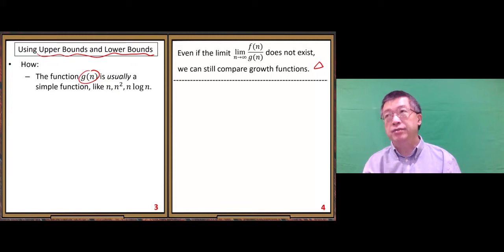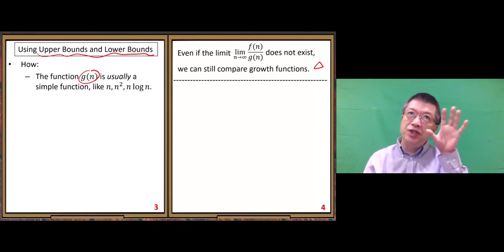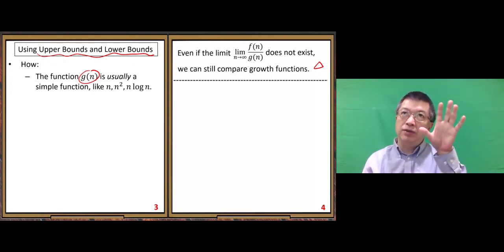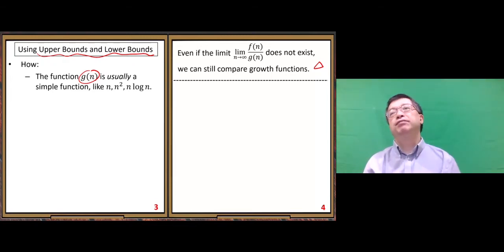Sometimes if you use complex functions, it's okay, but when we use relatively simple functions to do comparisons, we can see the result easily. So that's why people like to use simple functions.